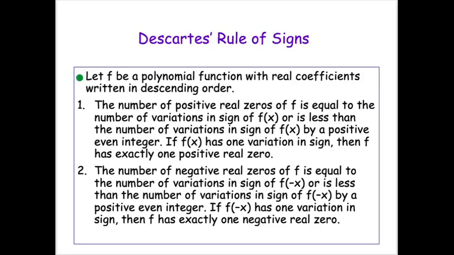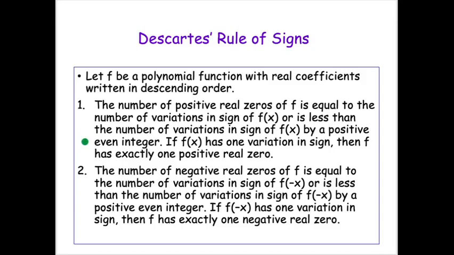We let f be a polynomial function with real coefficients written in descending order. So that just means that the powers on the terms are written in descending order, so you have your highest power first and you go down from there. The number of positive real zeros of f is equal to the number of variations in sign of f of x, or is less than the number of variations in sign of f of x by a positive even integer.